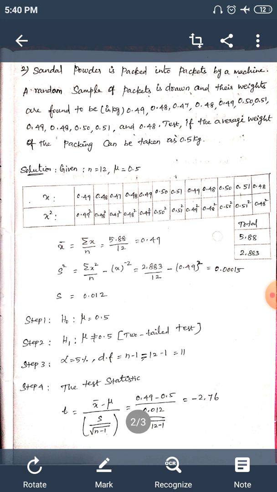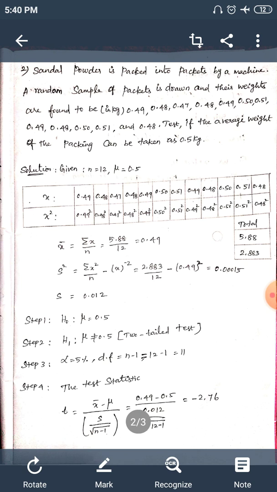Now let us find out: x is the data, and then we find x square, the square of the given data. Finally, take the totals. The sample mean formula is x bar equals summation of x divided by n, and substituting, x bar equals 0.49. For the standard deviation, first find s square.